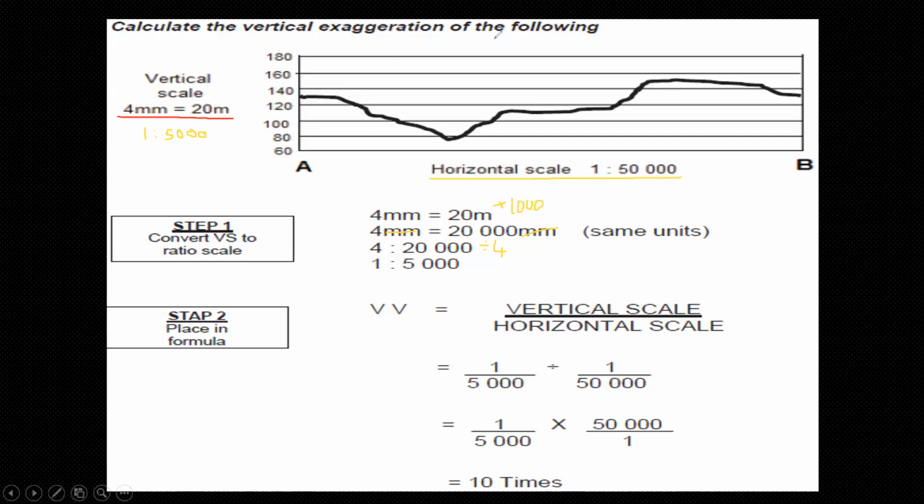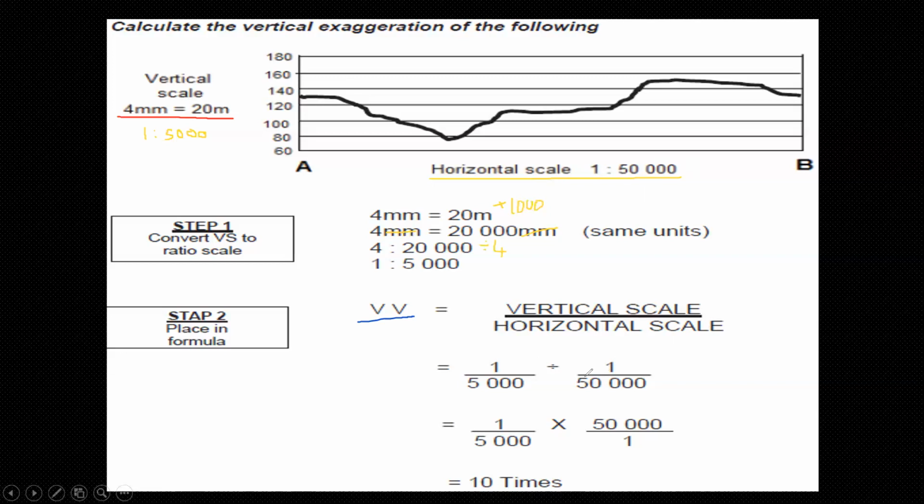Now we are easily able to put this into your vertical exaggeration formula. So again, remember to always use your formula. Your vertical exaggeration equals your vertical scale over your horizontal scale. So we bring down your vertical scale, 1 over 5,000, divide, remember it's over, 1 is to 50,000. This is your horizontal scale.